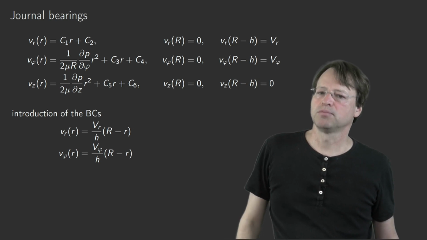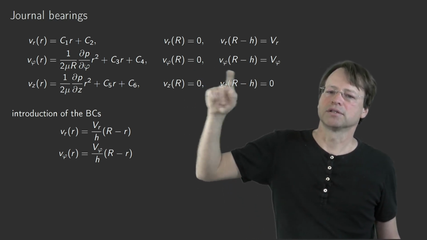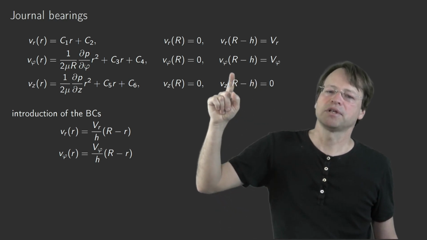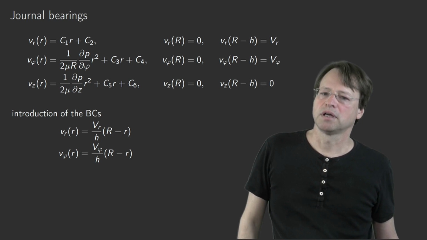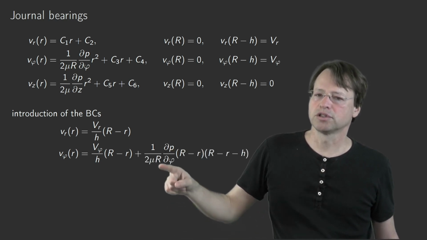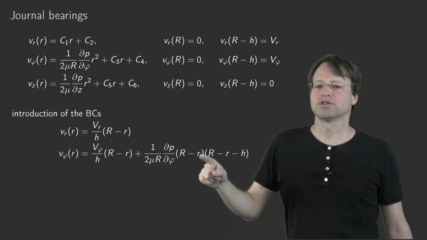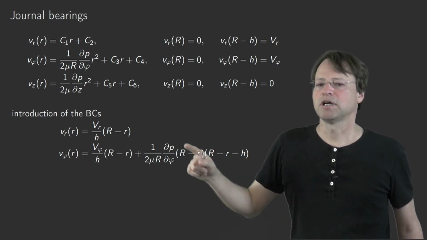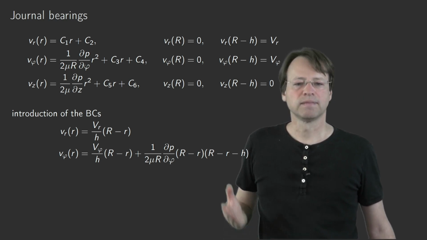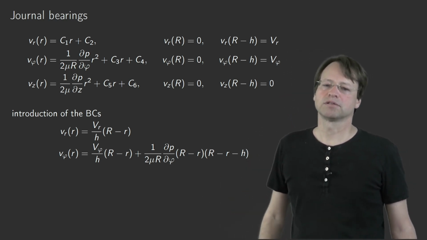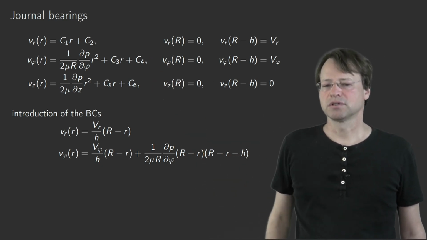So if it vanishes on both boundaries, it must be composed by capital R minus lowercase r and by capital R minus h minus lowercase r. And the rest is just satisfaction of that coefficient. So the leading coefficient in r squared must be 1 divided by 2 mu r dp by d phi. And here it is, the solution without any integration constants.